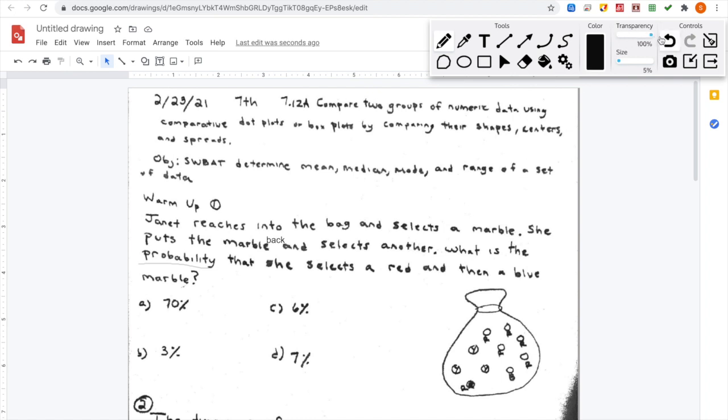So we need to find what is the probability that on the first event she picks a red marble. Well, how many reds do we have? We have red, red, red, red, red, red. So we have 1, 2, 3, 4, 5, 6 reds out of 10 marbles.